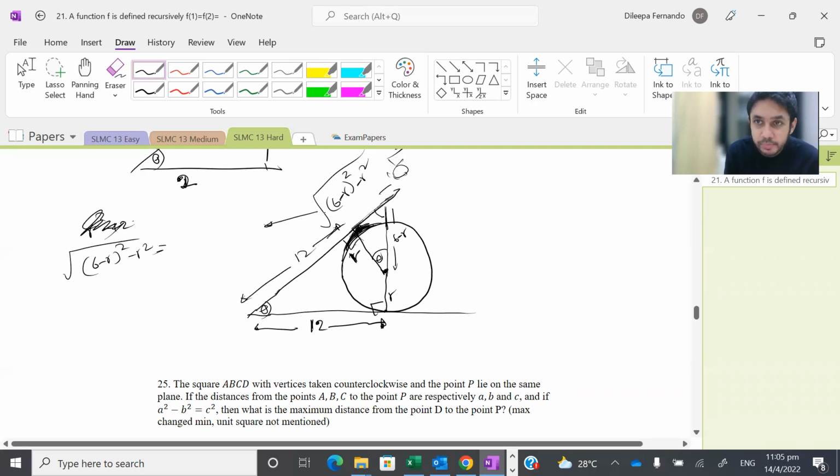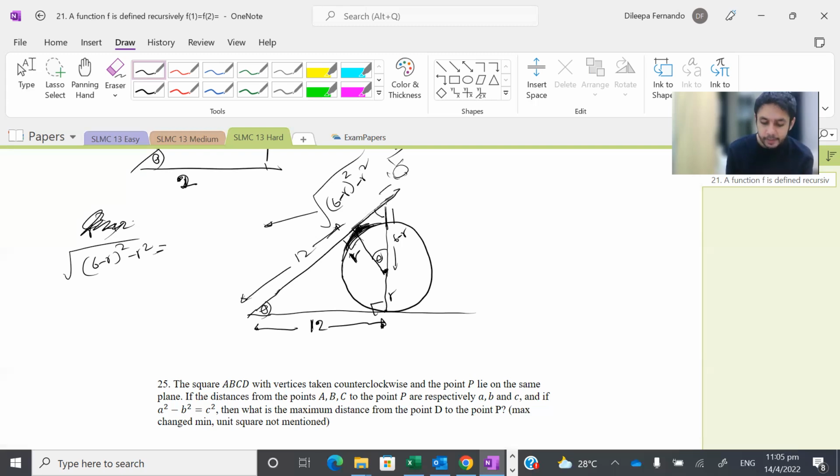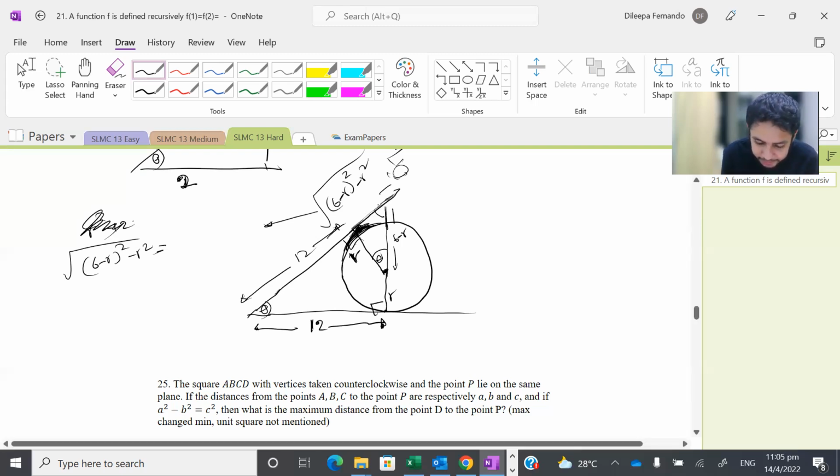Okay, now we have one way for this length. But shall we have another way? We can have another way because this was considering this small triangle.